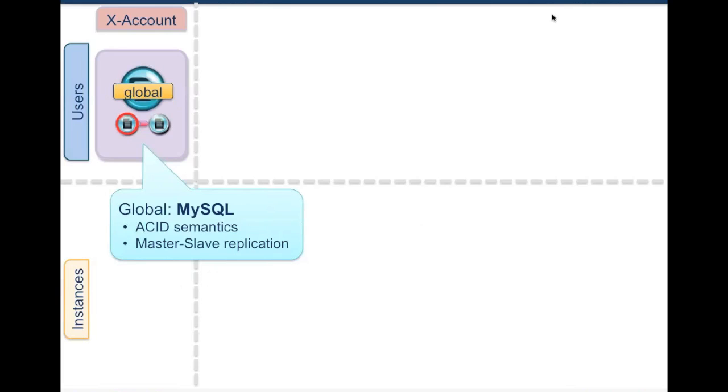What is not necessarily required to be as available is writing and changing that data. So if we have a master-slave database in one of these services, and we need to promote the slave because there was a full master failure, these 2 minutes that it might take to promote the slave, maybe I could not add a new plan, or I could not change a user password. That is, for now, A-OK.